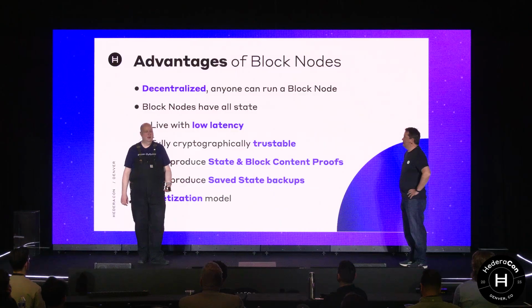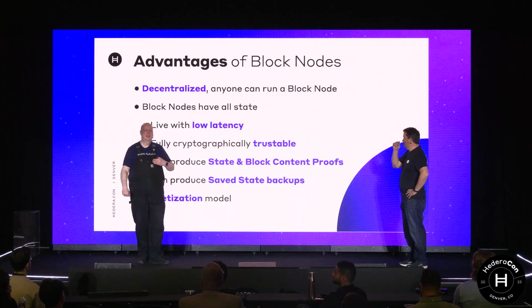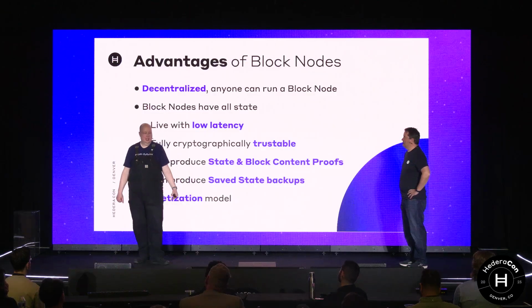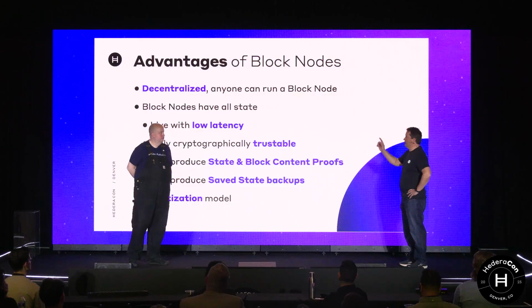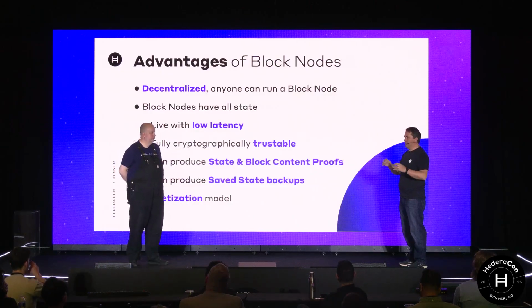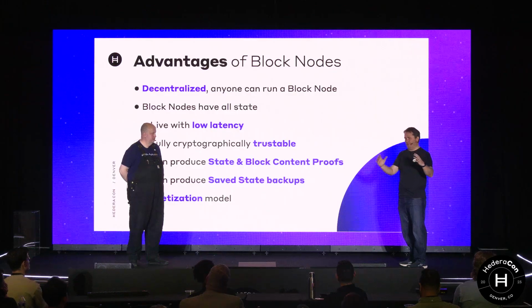They can create state proofs that have full trust cryptographically. They can provide low latency access to data. So all the sort of queries you could do, like what's my balance, you could do with very low latency against a block node. This was really key in the design, the idea that the state was going to transfer along with the block node. So you have some Merkle tree on your consensus node.